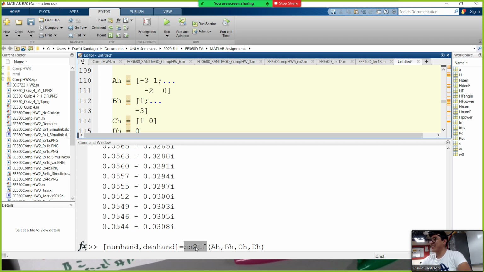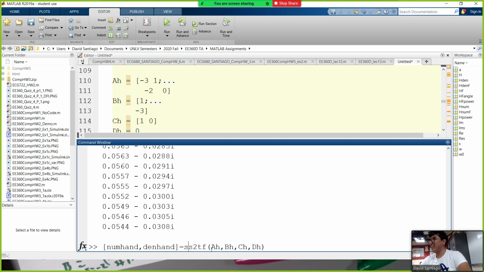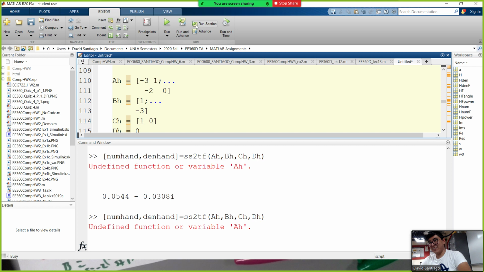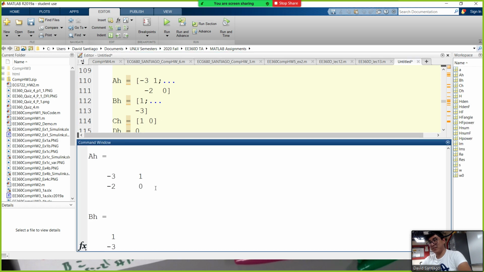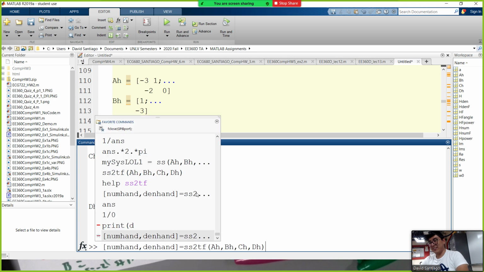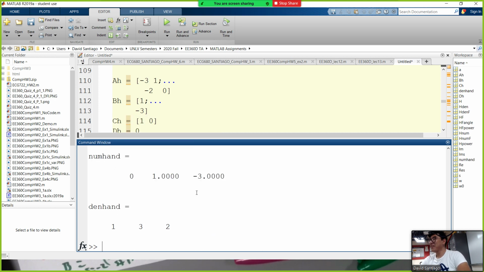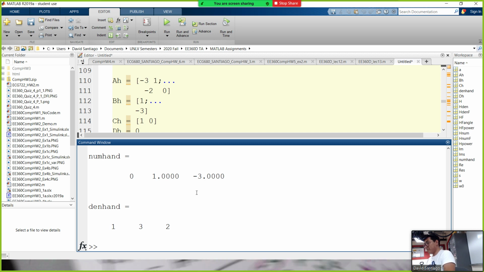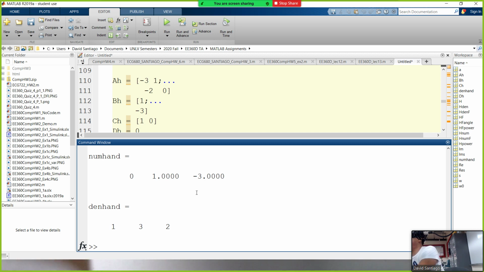There's a function for that: ss to tf. Enter, run section. We just inputted our variables, and now we're calling our equation. Let me write that down. This is page 7, and this is page 8.